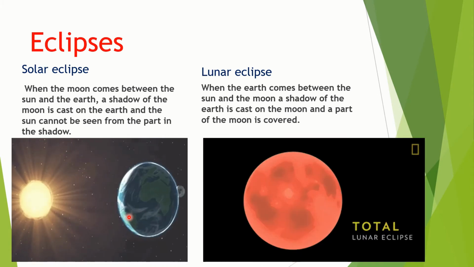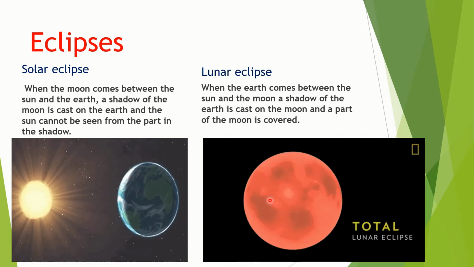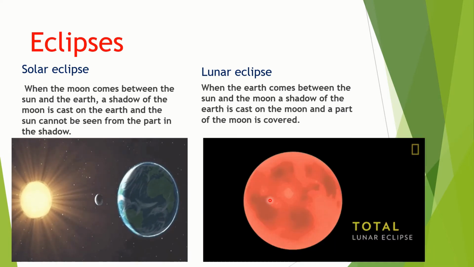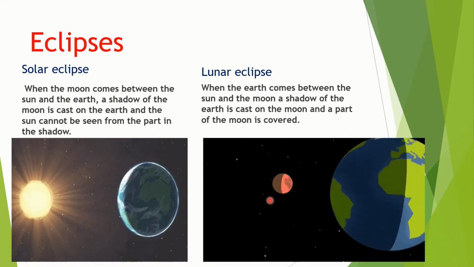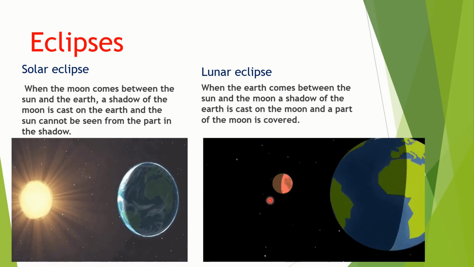In a lunar eclipse, when the earth comes between the sun and the moon, a shadow of the earth is cast on the moon and a part of the moon is covered.